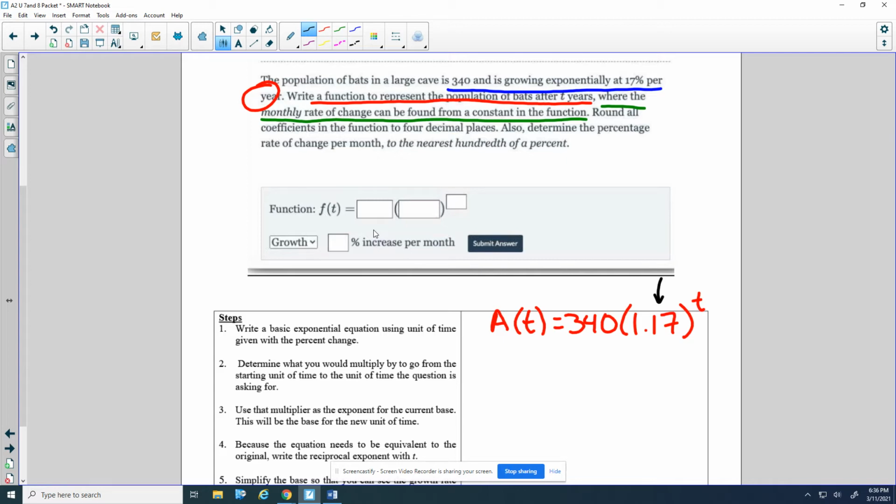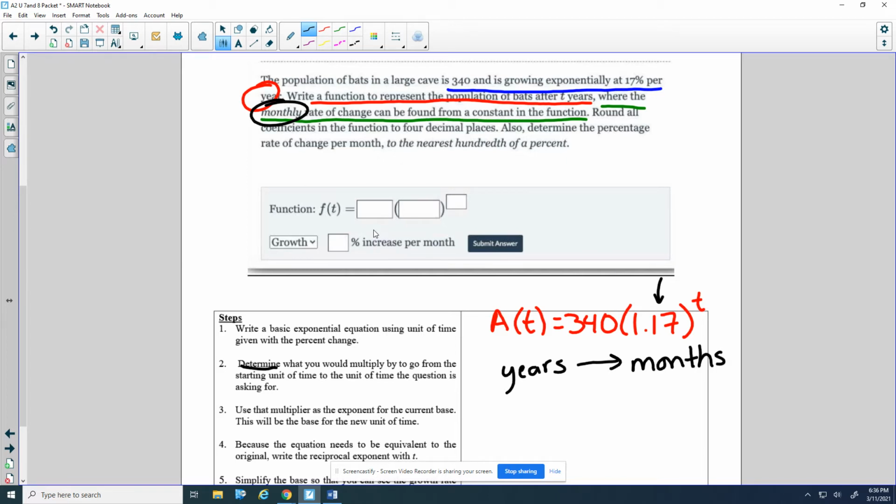So we're going to determine what you would multiply by to go from the starting unit of time, which is years, to what the question is asking for, the monthly rate. So we're trying to go from years to months.